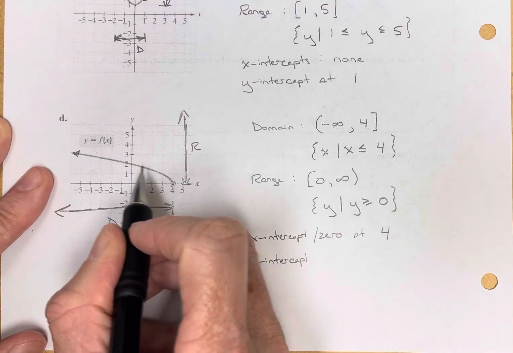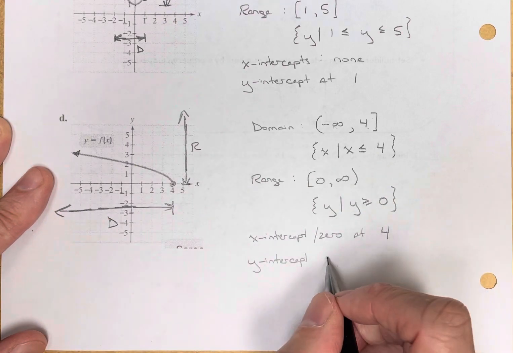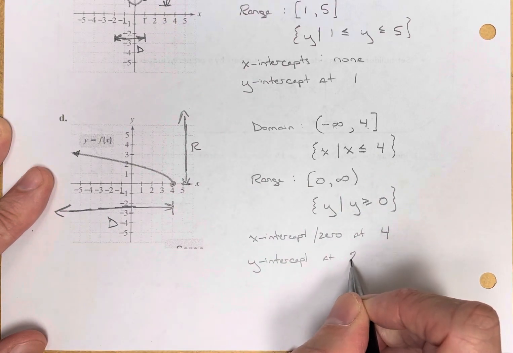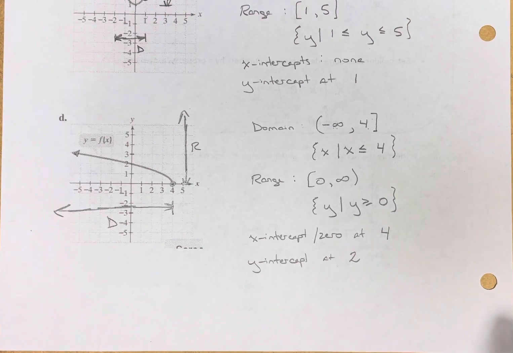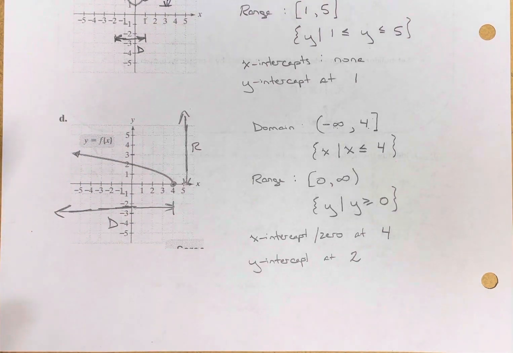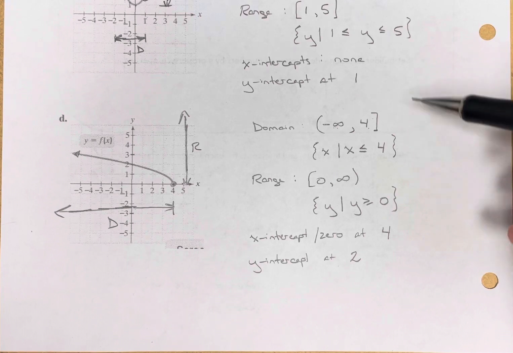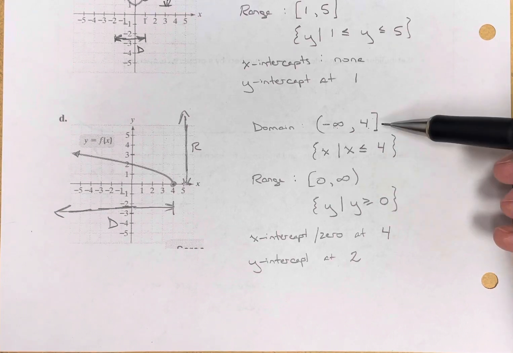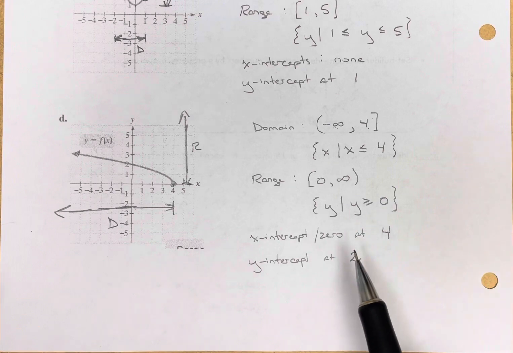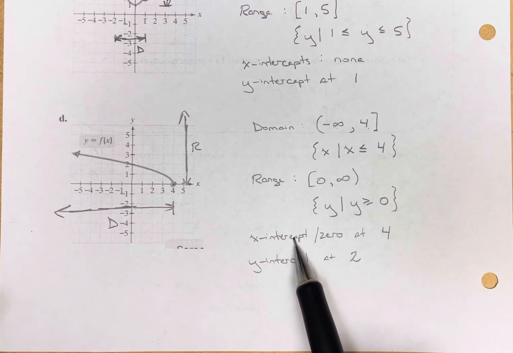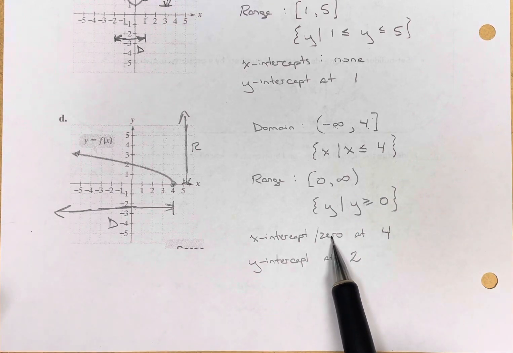The graph crosses or touches at positive 2, a y-intercept at 2. So there you have it. A fair amount of practice on interval notation, set builder notation, what domains and ranges are and how to write them, and then recognizing from a graph what's the x-intercept or the 0 if it has one, and the y-intercept if it has one.